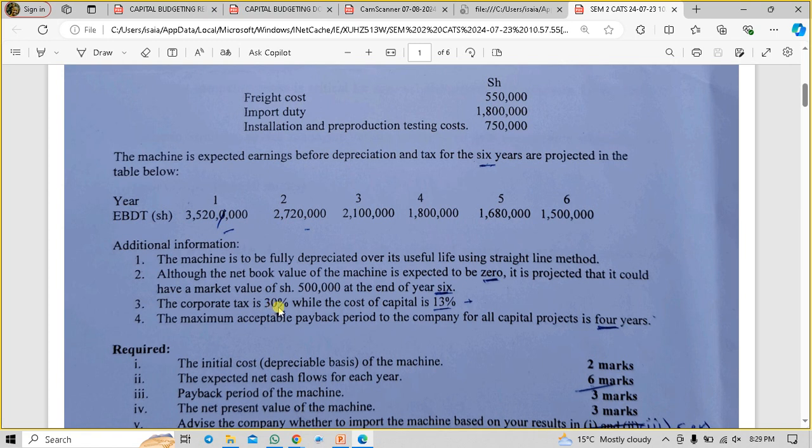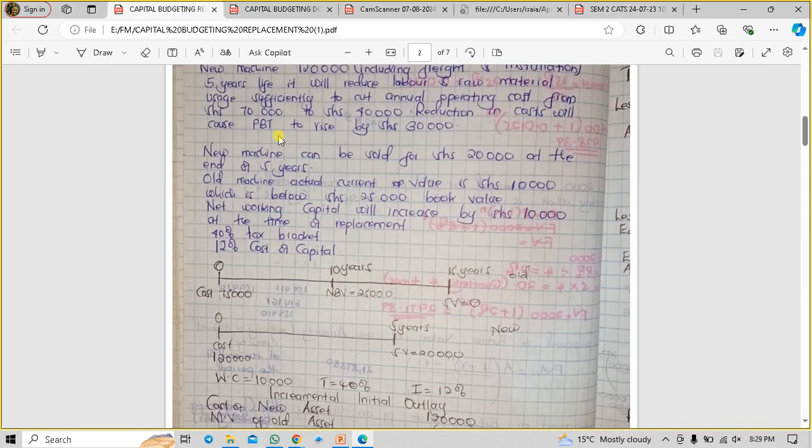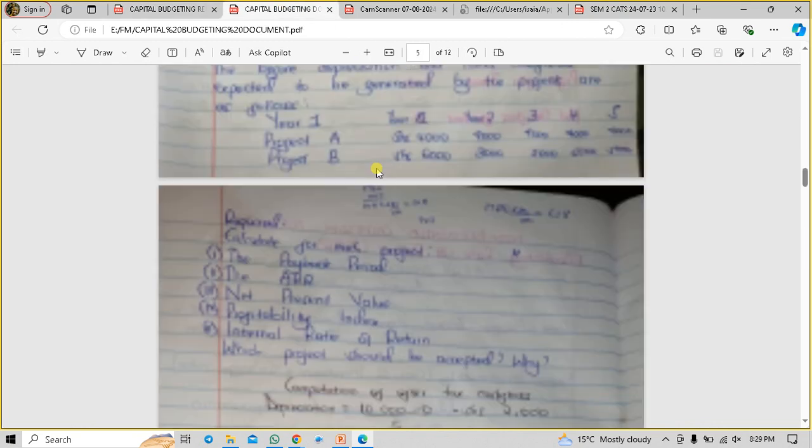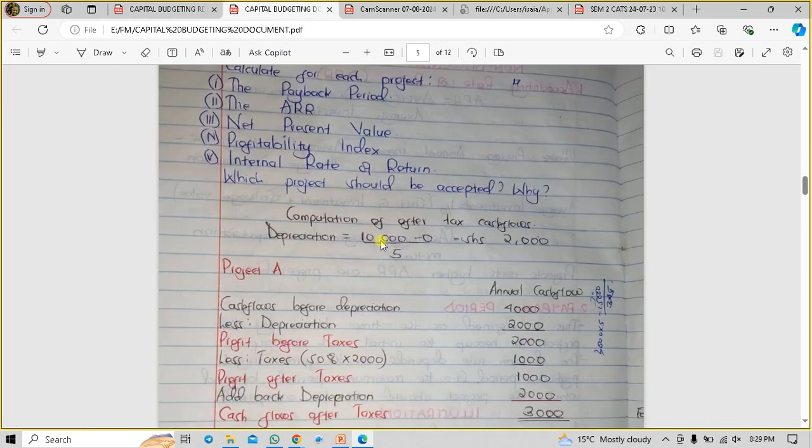You cannot guess, so tax must be given. The questions that I've seen, they must have tax. So depreciation you have to calculate. Like in this question, the first thing that we did was calculating the depreciation, which was 2000. So that is what we subtracted here.